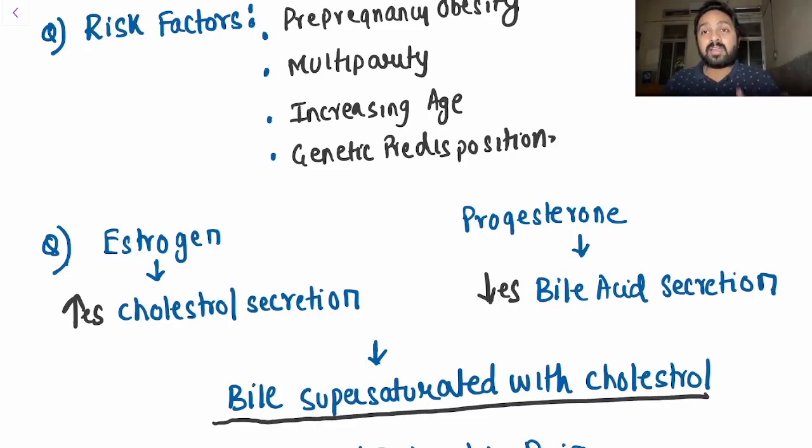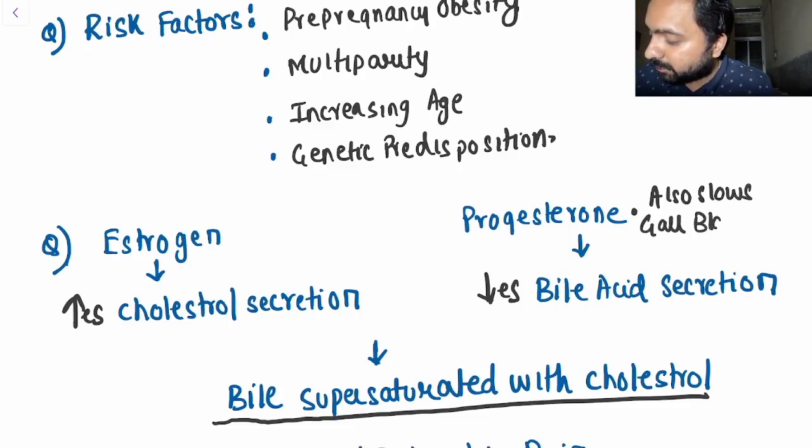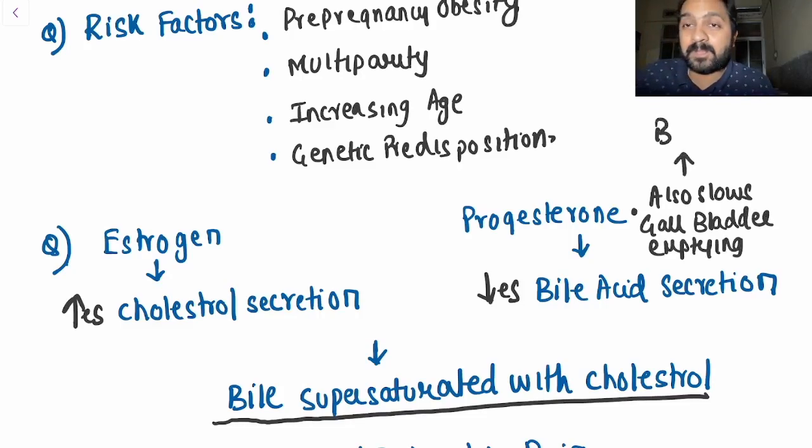Apart from this, progesterone also slows gallbladder emptying, because of which bile stasis occurs, and this further promotes gallstone formation.